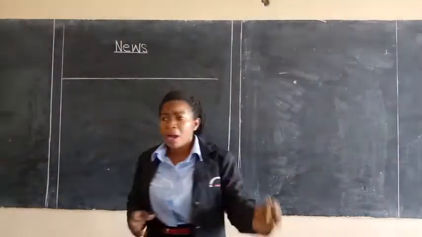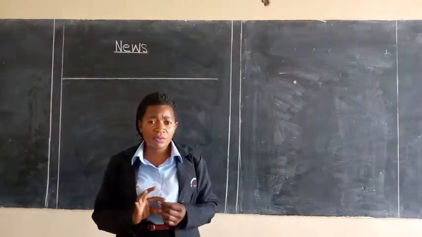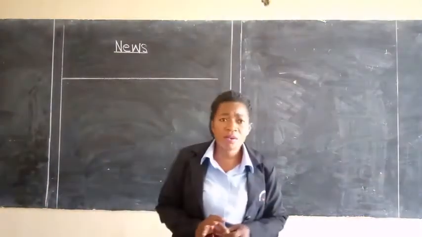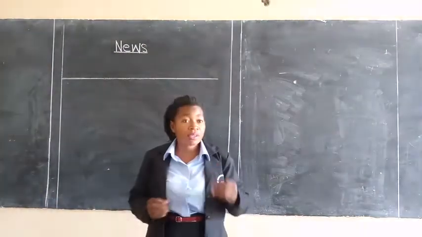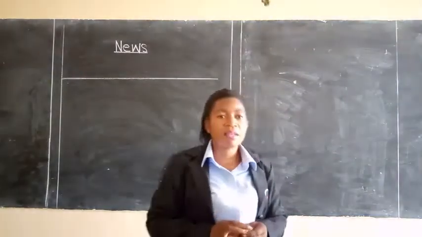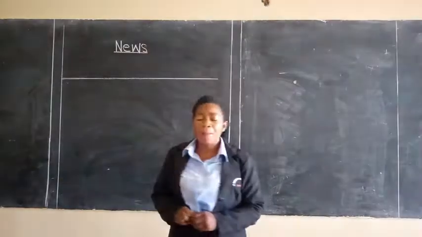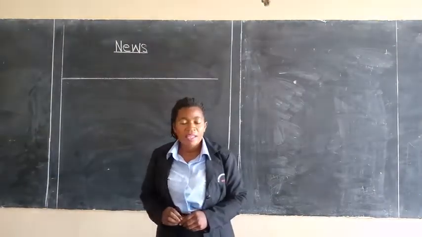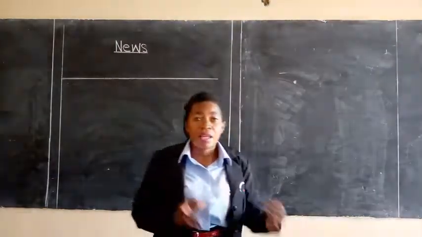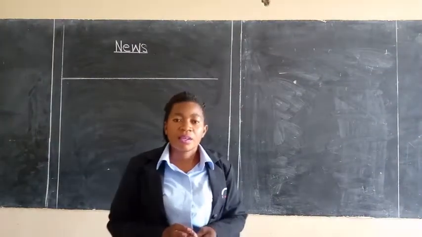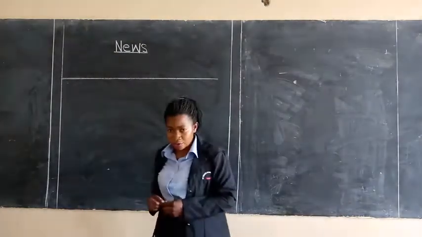We talked about a permanent house, and we said a permanent house is a house built using strong materials. And we said temporary houses are houses built using weak materials.